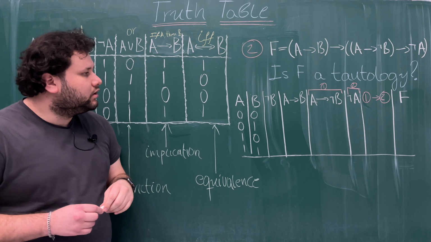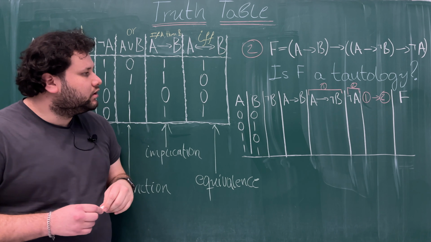Okay, first we are going to find the negation of B. So the negation of B is just going to be, we have that the first spot is false, so this is going to be true. Now this is true, so this is going to be false. This is false, so true and false.